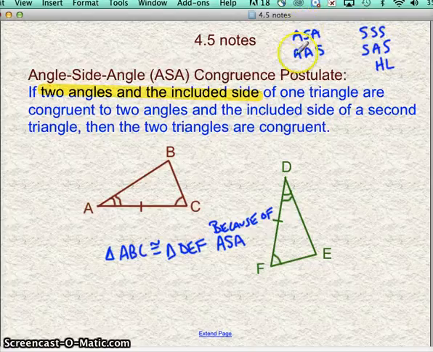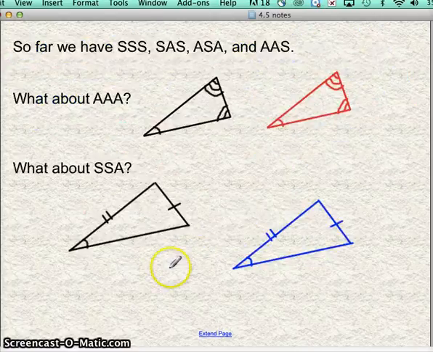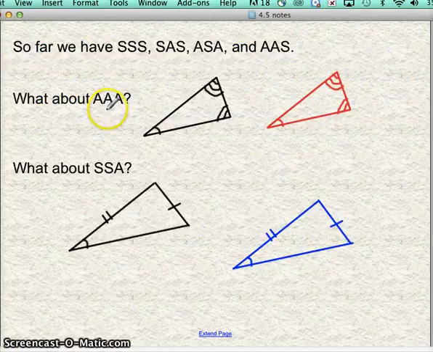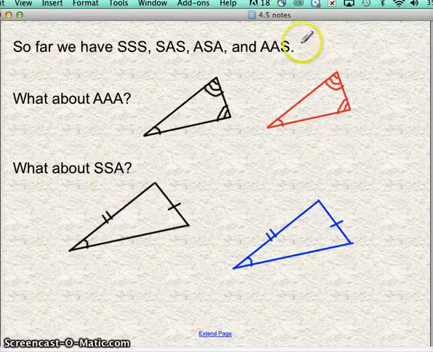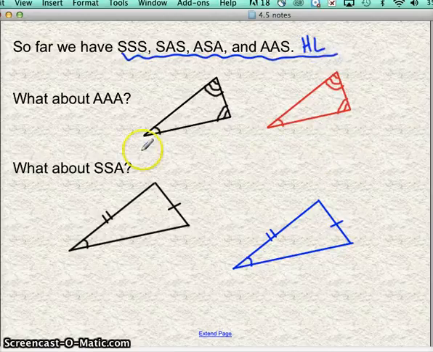So look at those combinations and what's missing. Okay, here's what's missing. Angle, angle, angle, and side, side, angle. Let's add hypotenuse leg up there. Okay, these are all the ones we have so far.